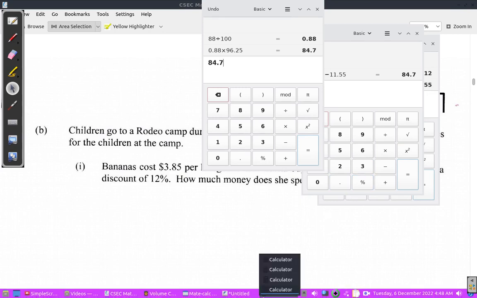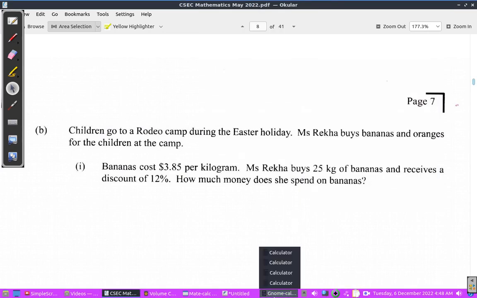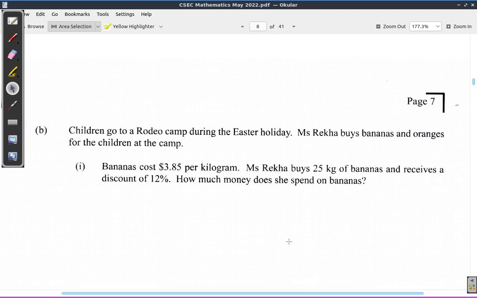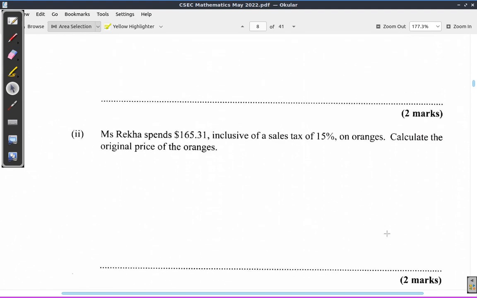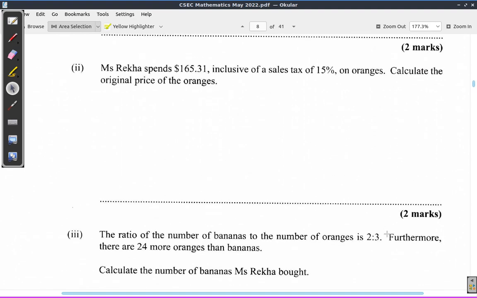Now, hold on. Now here, they ask how much she spent on bananas. Miss Rekha spends $165.31 inclusive of sales tax of 15% on oranges.